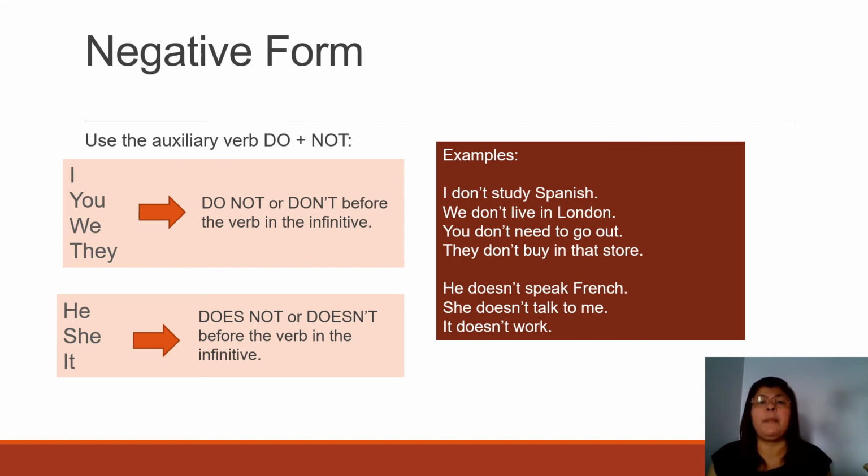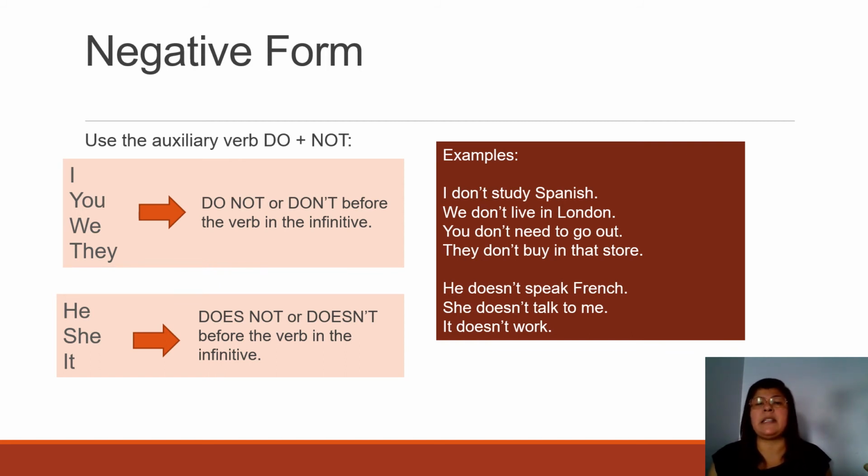So the verb will no longer take the s. The s or es is going to the auxiliary verb. For example, he doesn't speak French. So we have doesn't. That's the negative. And the verb speak. If you say in the affirmative, you say he speaks.